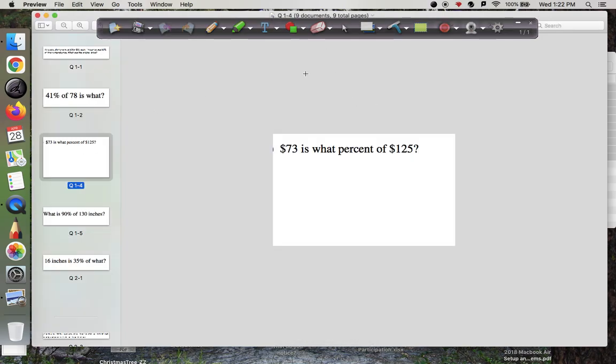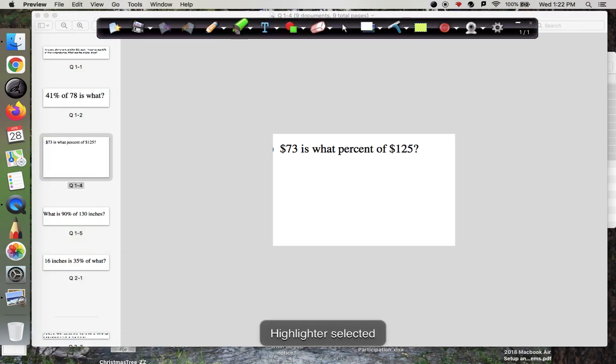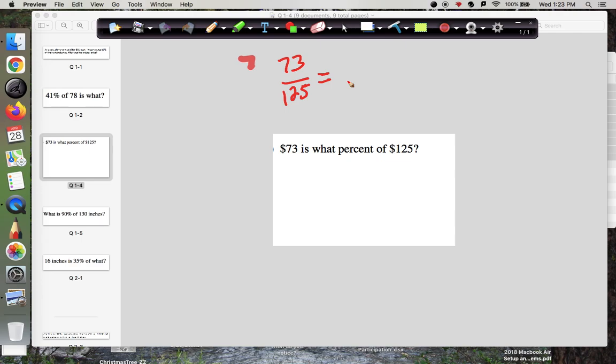All right. Problem number 3. $73 is what percent of $125? So we have part and whole, and this one is really going to help. 73 is the part. 125 is the whole. One thing you can do on this is 73 divided by 125.